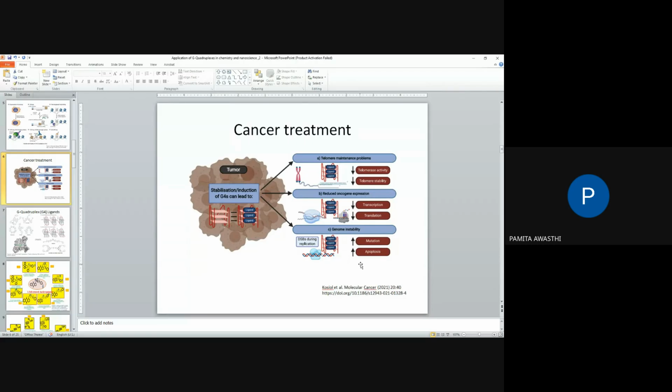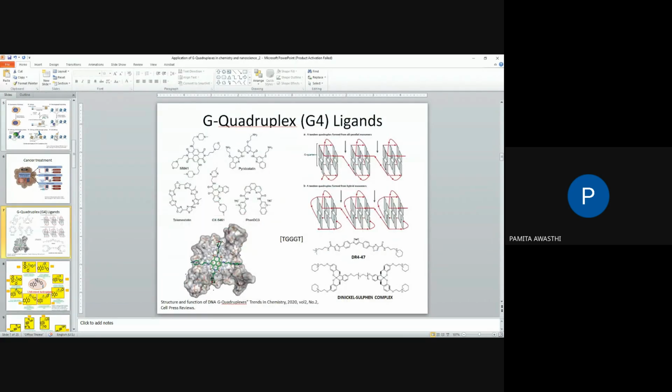A number of molecules are being proposed or designed, and their structure with the four-stranded quadruplexes has been reported by X-ray and NMR spectroscopic tools, which confirms the binding of these molecules to these quadruplex DNA.